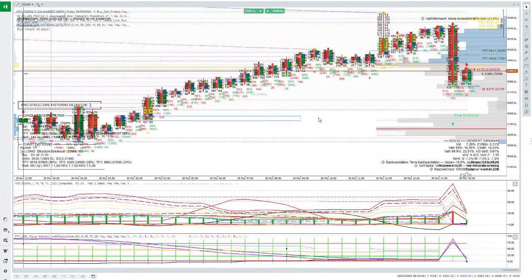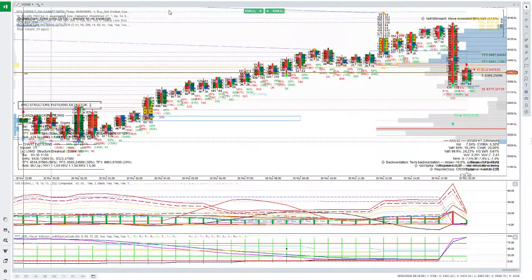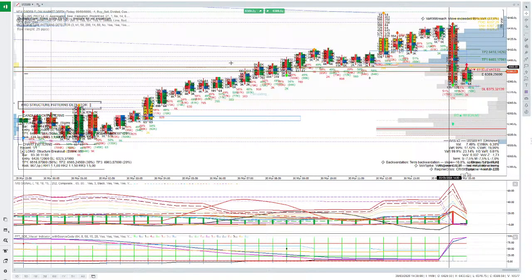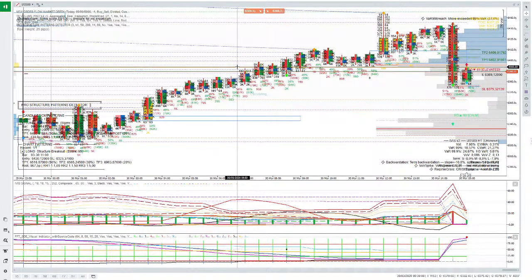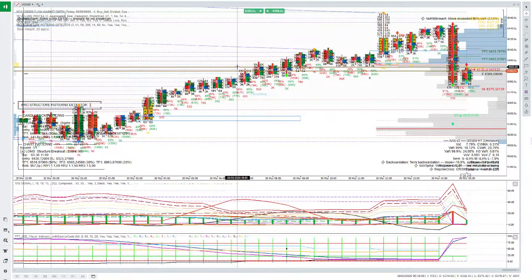I'm really sure that we have to wait, and wait, and wait, because we are at the point of control of the past week. The market, the S&P 500, is probably going to get punched down from here.